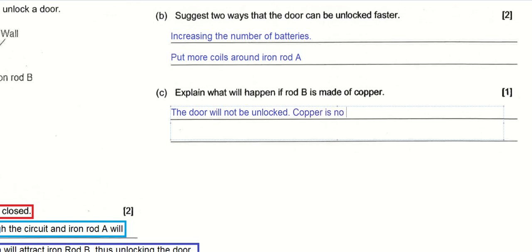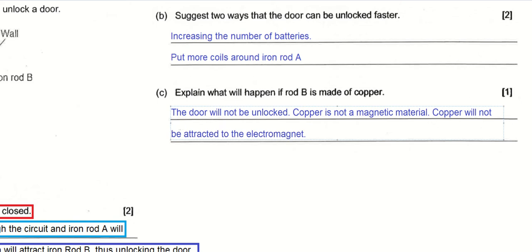Copper is not a magnetic material. So copper will not be attracted to the electromagnet. Okay, so that's your answer.